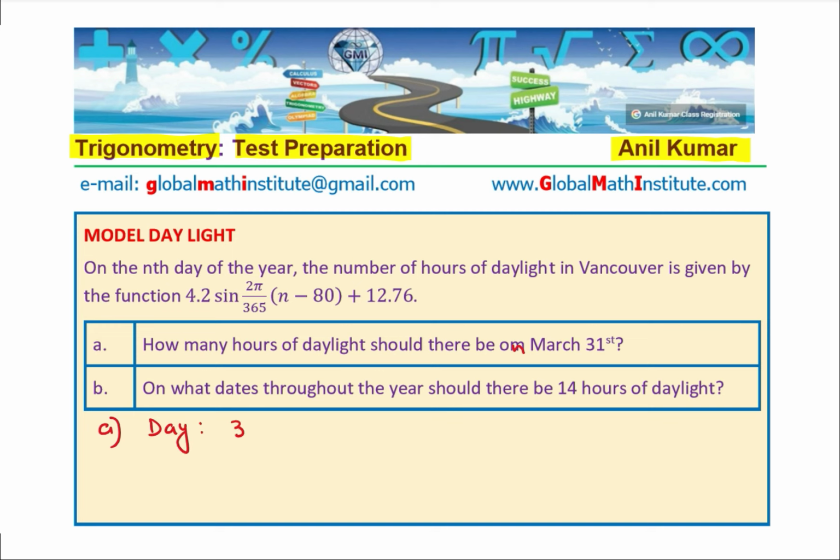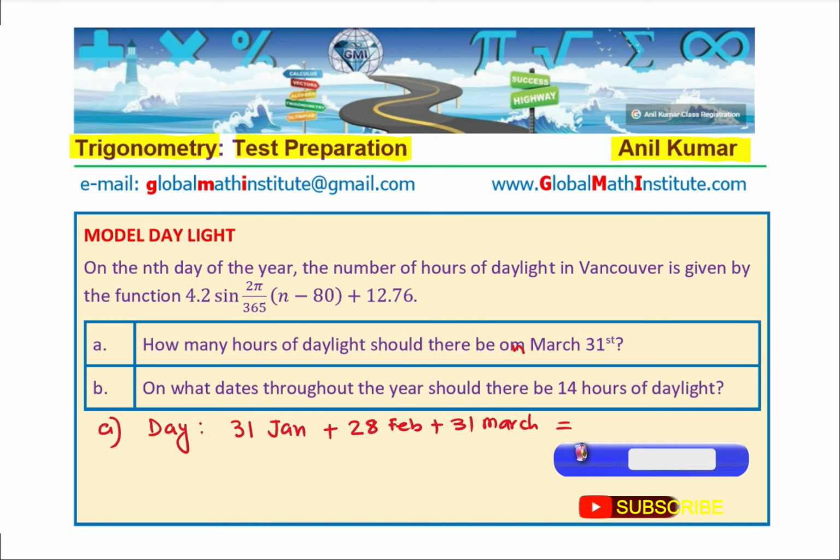We have 31 days in January plus 28 in February and then 31 in March. Add them all, and it comes to 90 days. So in our equation, n equals 90.